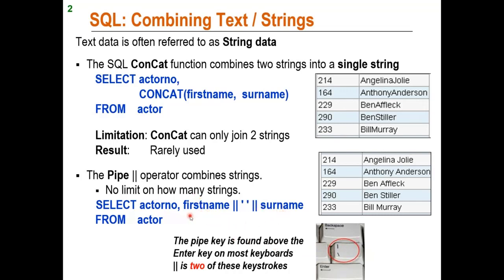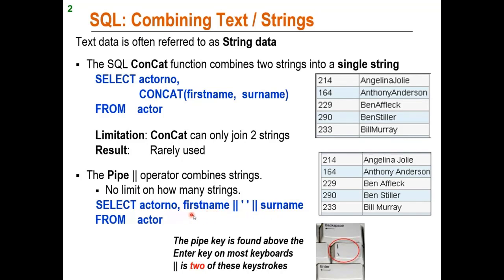In this case, again, I am combining the first name and the surname columns of our actor table. But in this case, I actually wanted to keep a single space between the first name and the surname. So this is how I use the pipe symbol.